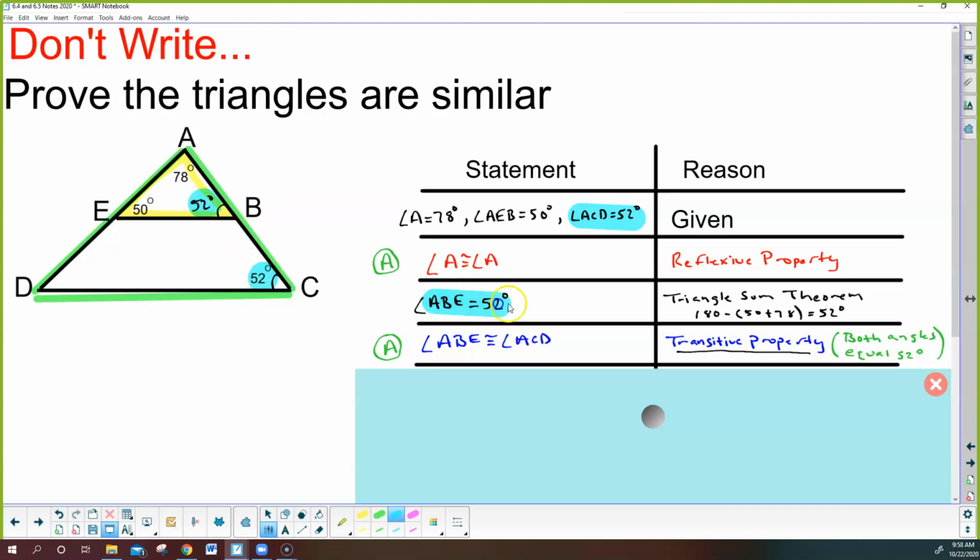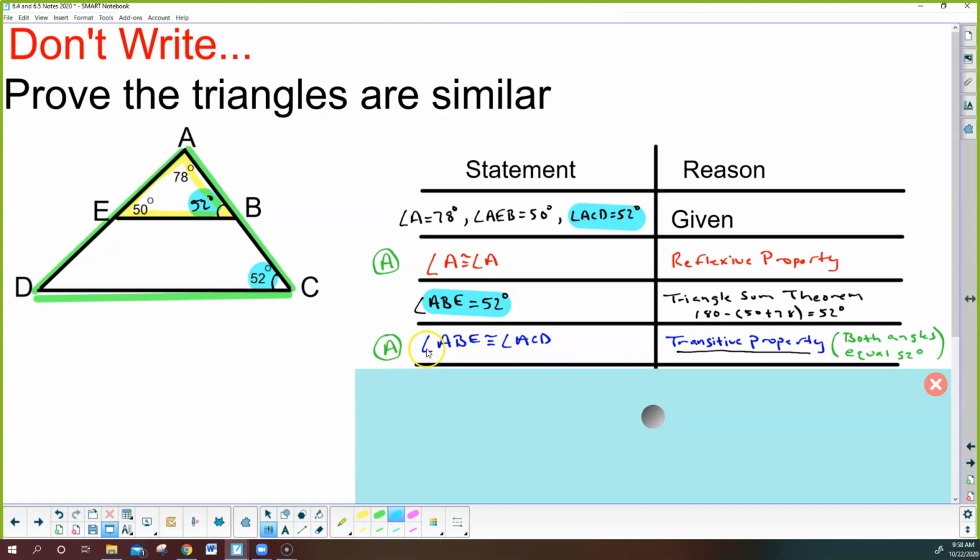So if they're both equal to 52 degrees, aren't they equal then to themselves? So both angles equal 52 degrees. I'm okay, instead of using that fancy transitive property, if you just say both angles equal 52, then you know that those two angles are congruent.